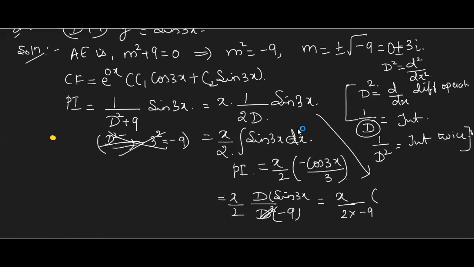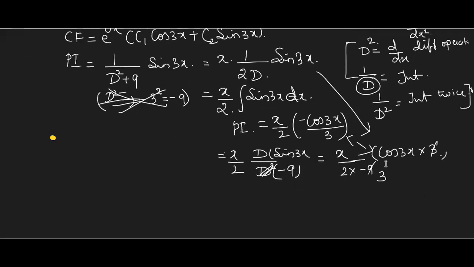What is the differentiation of sine 3x? I just want to show that both give the same answer. Derivative of sine is cos 3x into 3. Correct? So compare, both the answers are one and the same. No extra constants also. Are they not 100% same?